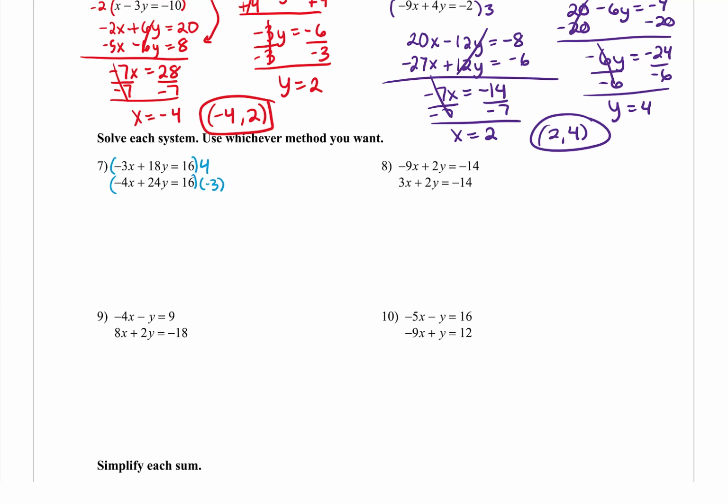But I ended up deciding to get 12 in front of each of them. I did have to multiply one of them by a negative in order to get them to be opposite signs. But basically having to do 18 times 4, I got 72, and then I'll have to do 24 times -3, which is -72.